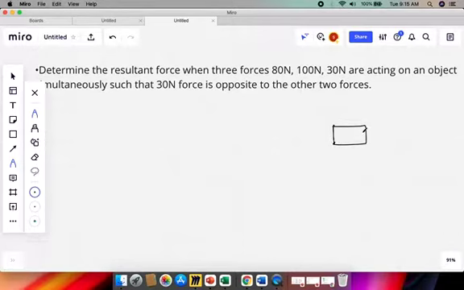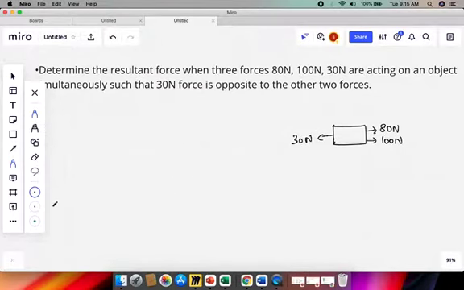Let us consider this as an object and the 80 Newton force is acting along the right side. I can even show it on the left side because here they have not mentioned the direction of these two forces, and one more force is 100 Newton, but they have told that 30 Newton is opposite to these two, so I will show 30 Newton towards the left hand side.